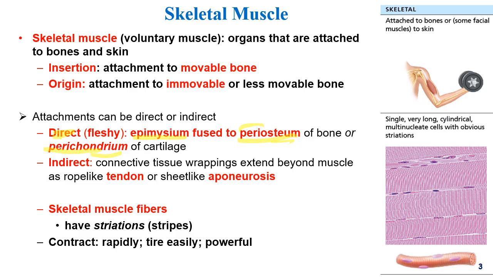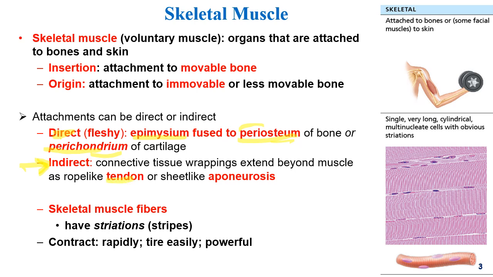Now, the most common form of connection that we have is actually indirect connection. So now you're going to have the outside part of your muscle that is going to be covered by this other type of fiber that is going to extend and originate tendons.